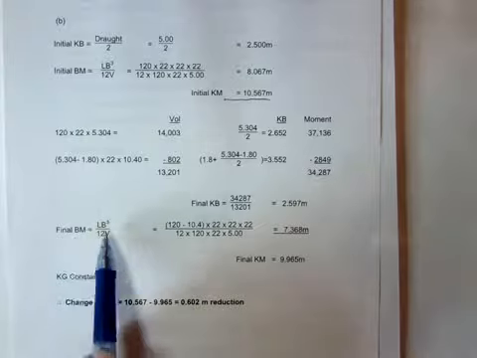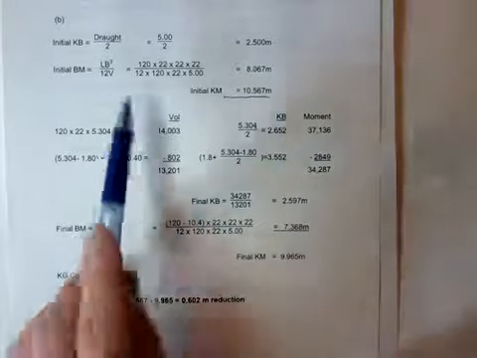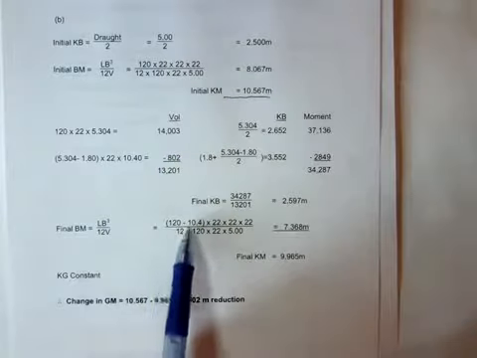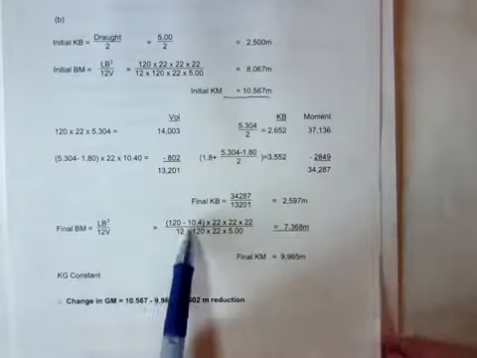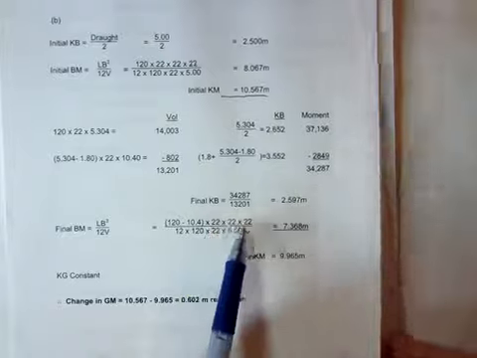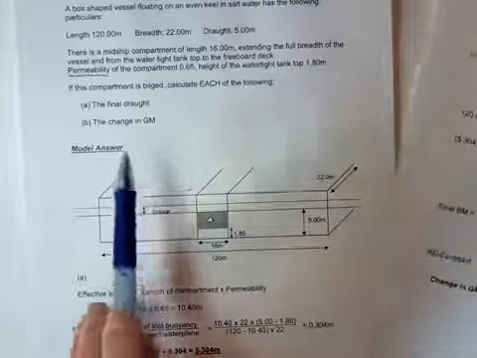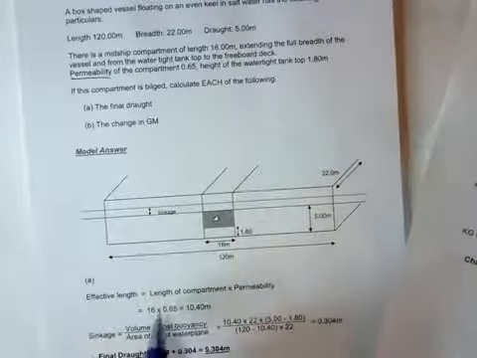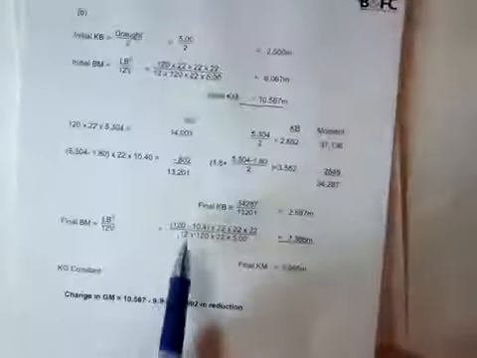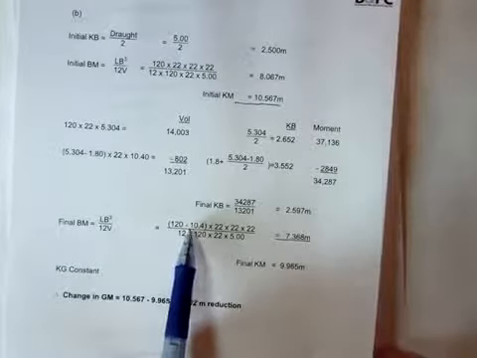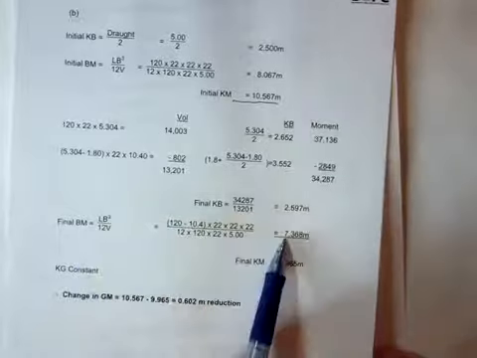And the final BM, you'll notice on this one is LB cubed over 12V, 120 by 22 for the initial one. Well, here it's 120 minus 10.4 times 22. Because of the compartment being bilged and the permeability, the length is actually 10.4, so it's 120 minus 10.4 for the length now after bilging. So that's how we get the final BM.